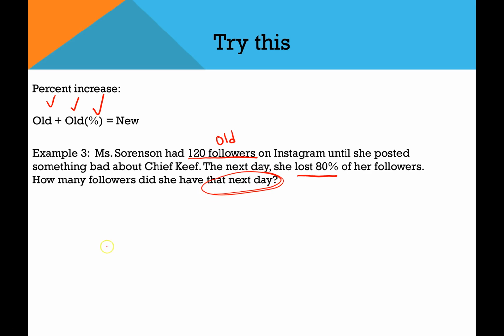So we've got 120 plus 120 times lost 80%, so that's going to be a negative 0.8. That's going to give me my new number of followers. So doing that in my calculator, see how cool I am with my followers. That's going to give me 24 followers. Not bad. Pretty cool and hip for that.